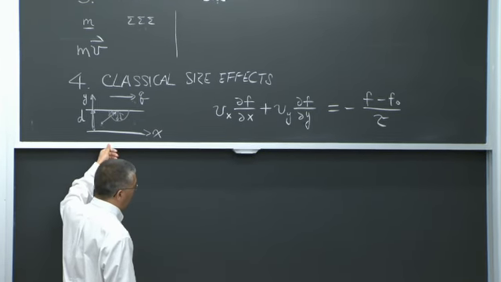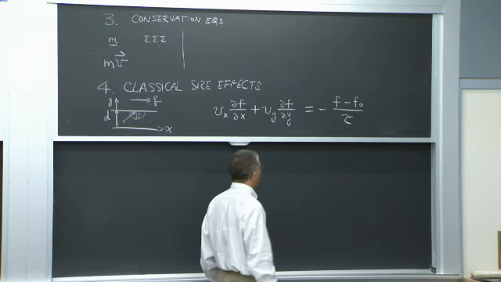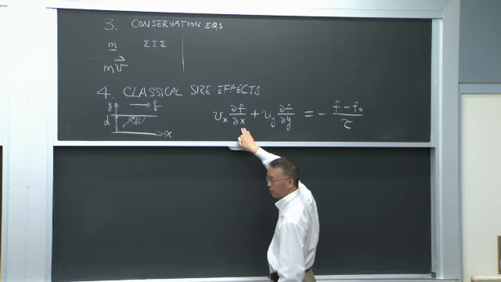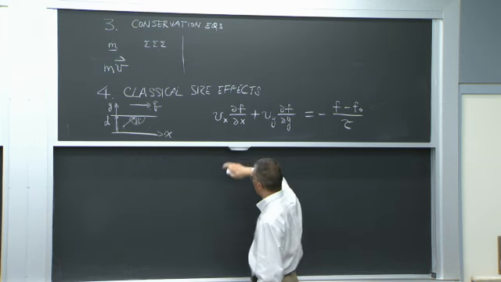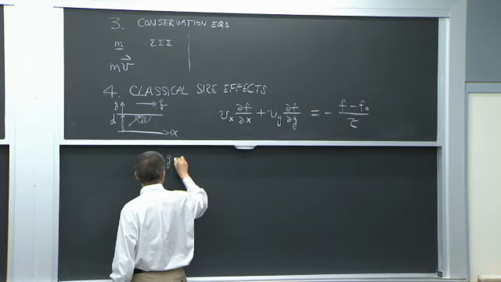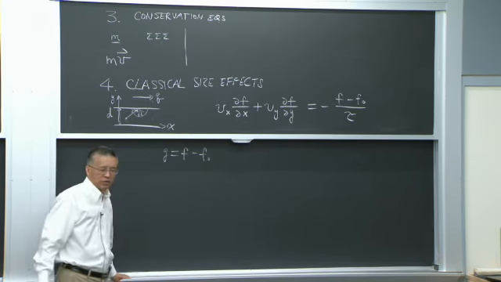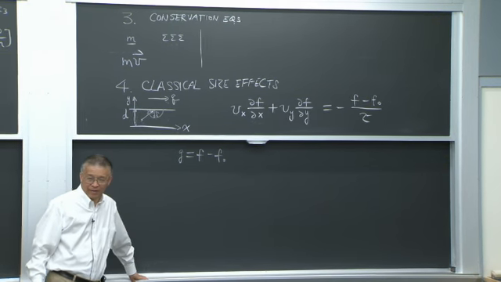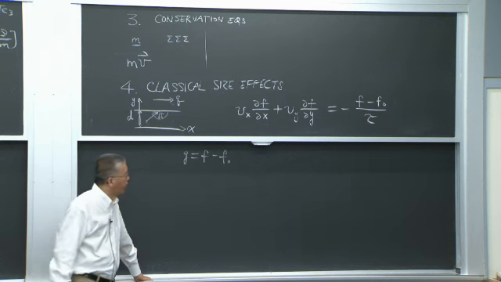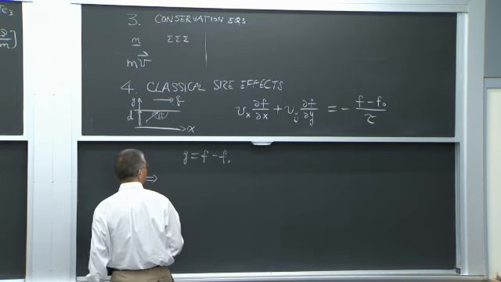I'm going to look at the two directions, df/dx in the x direction. If I define g equals f minus f0, a small deviation, this is my difference there. I substitute this into the equation.